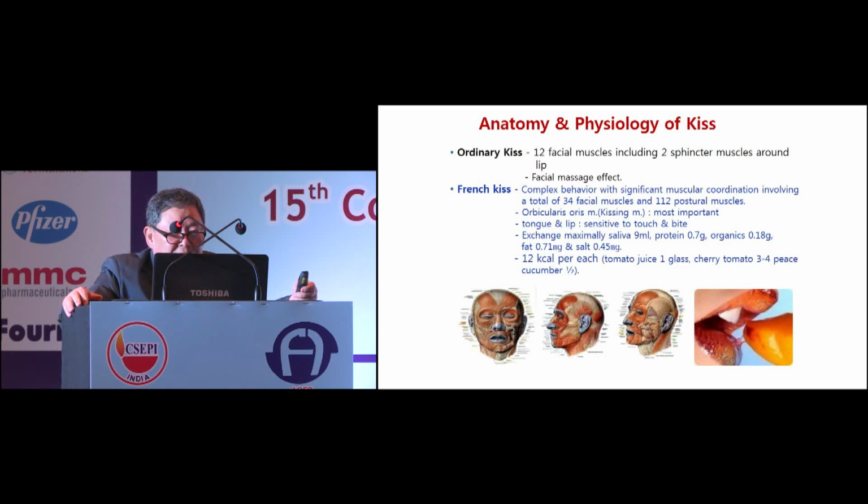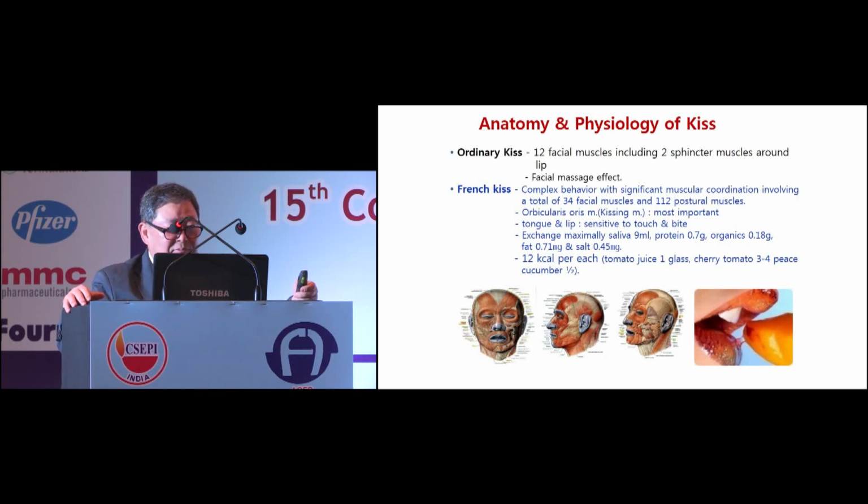A kiss exchanges a maximum of 9 milliliters of saliva. That consists of protein 0.7 grams, organics 0.8 grams, fat 1071 milligrams, and salt 0.45 milligrams.